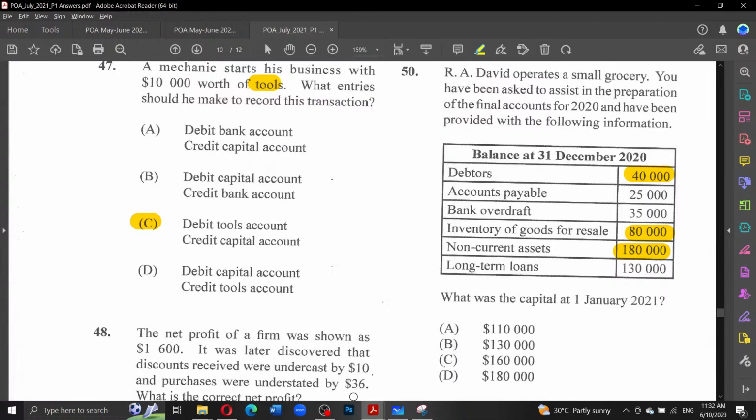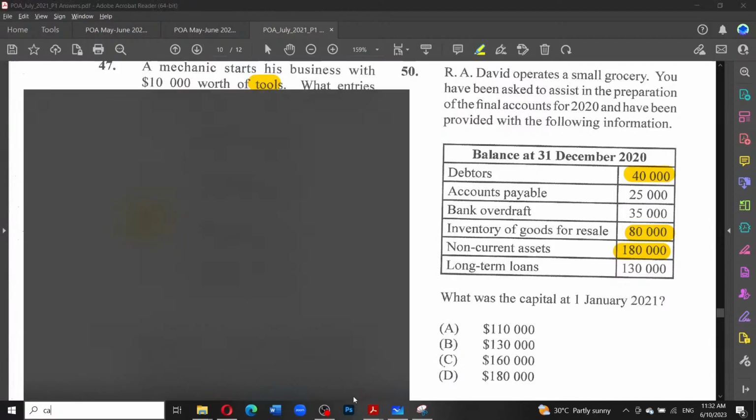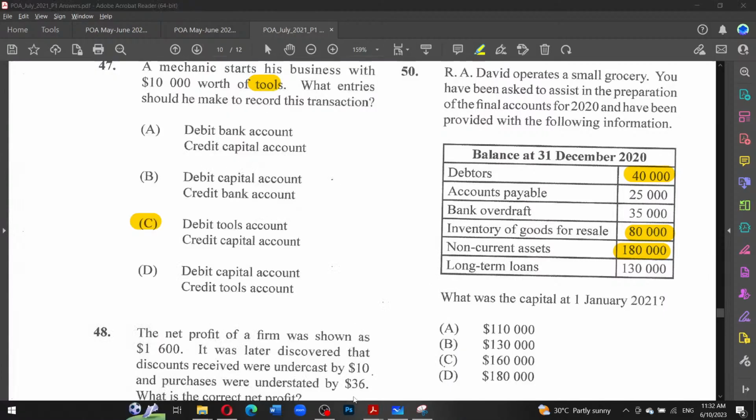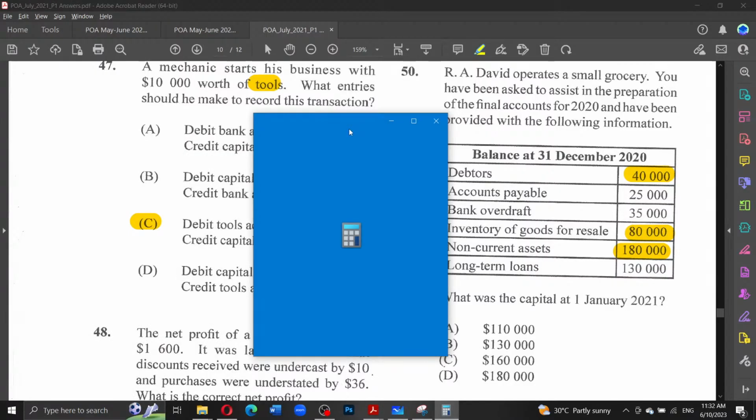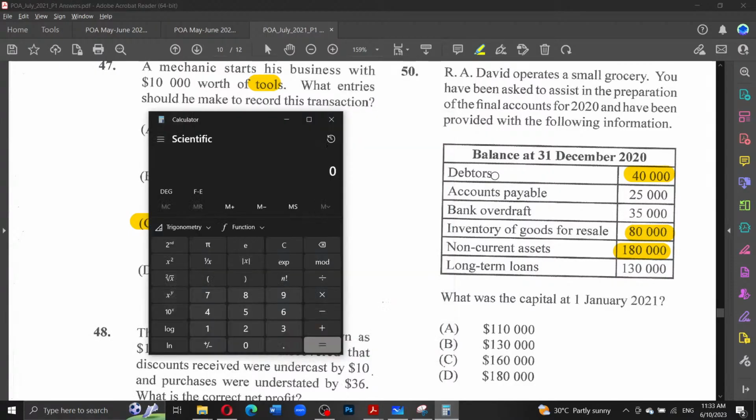Why did I skip that one out? Next, trade receivables. So you have 40,000 plus 160,000, and we have 200,000 minus everything there. So you have 25,000 minus 35,000 minus 130,000.